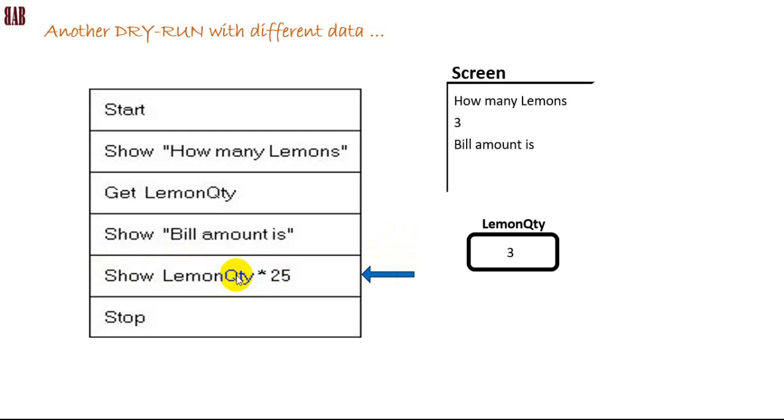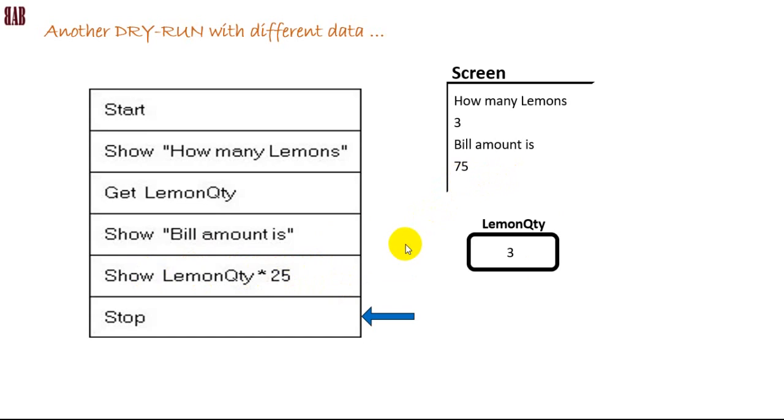If you give a name that is not here, there will be a problem, but this is the same name as the variable we have in our NS chart dry run. We have already accepted a value into it. So when you say lemon quantity into 25, we replace lemon quantity with the exact value inside, which is 3. So this is 3 into 25, and the result, 75, will be shown on the screen. And then you go to the end of it.